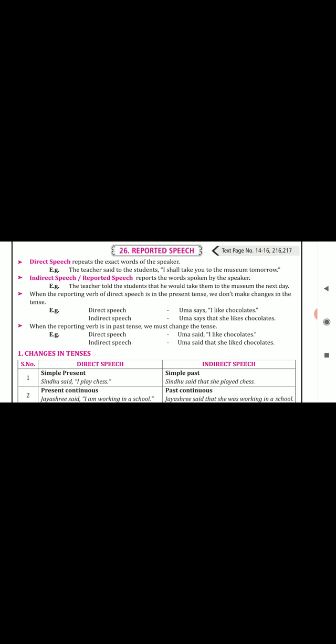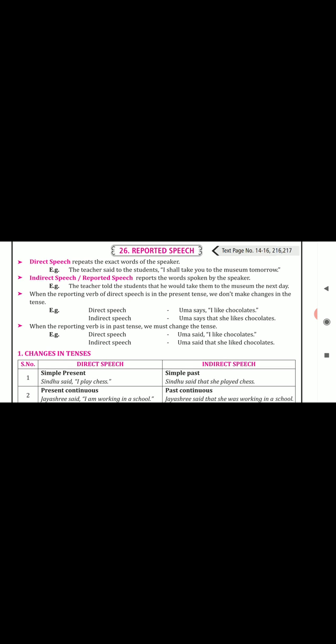Before going to the conversion from direct to indirect, let us know a few steps to be followed. It may be nearly 5 to 6 changes only.